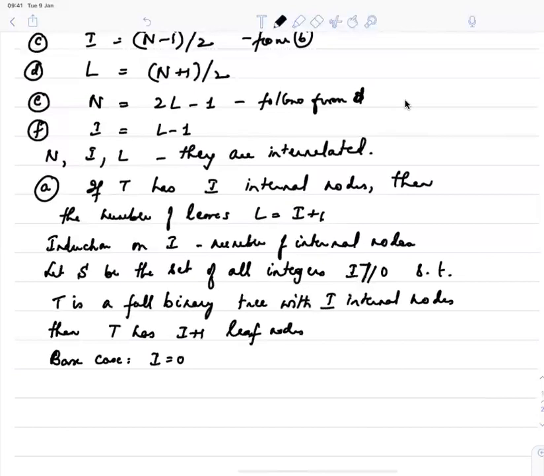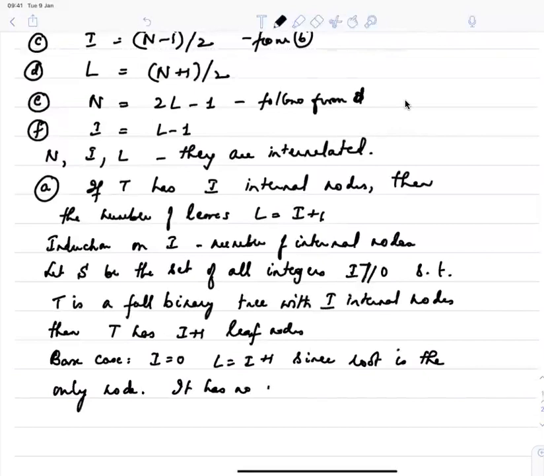I equal to 0, L equal to I plus 1. Since it's a non-empty binary tree, since the root is the only node, it has no children.